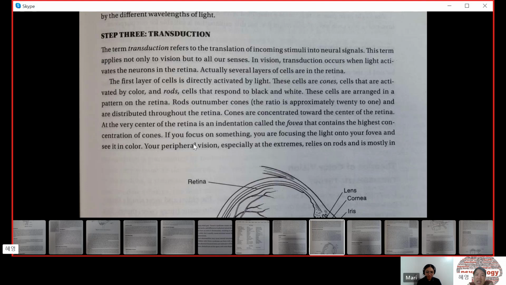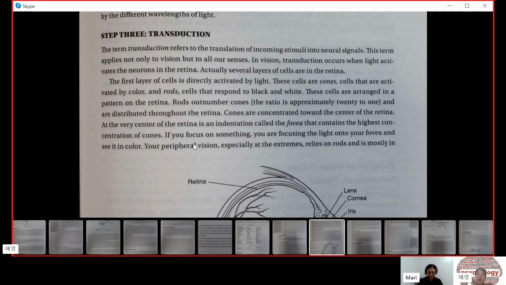Actually, several layers of cells are in the retina. The first layer of cells is directly activated by light. These cells are cones, which are activated by color, and rods, cells that respond to black and white.